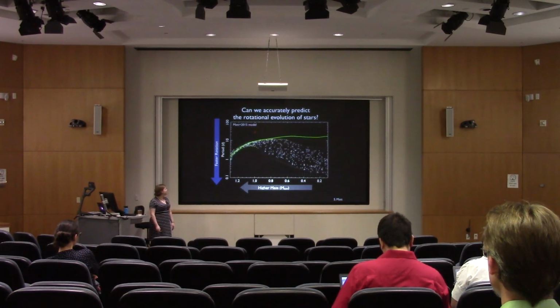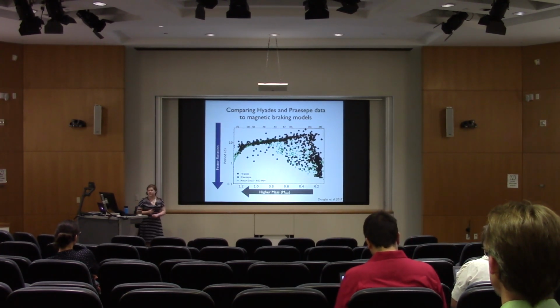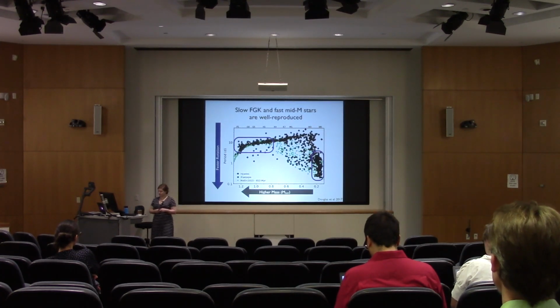So that's about here. For those 2015 models, the black is Hyades and Praesepe, and the green is the 2015 models. And some things work really well in this model.